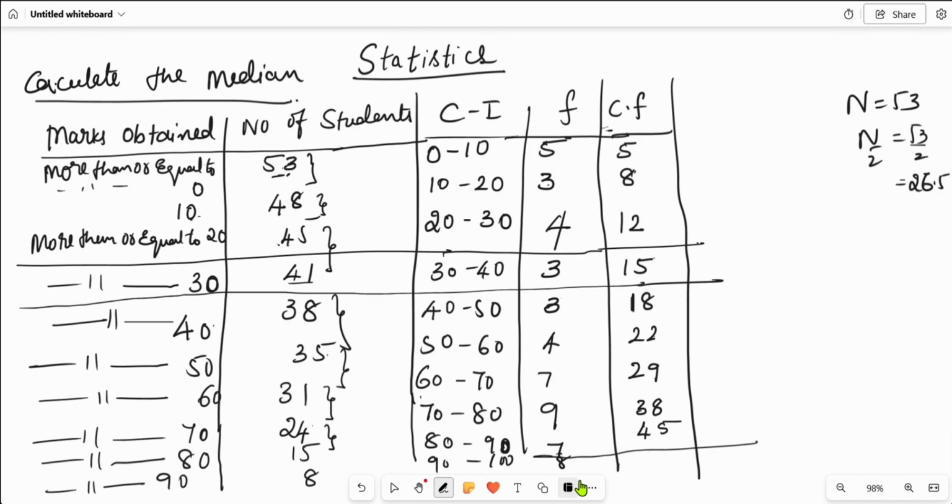And 45 plus 8, 53. Okay, so n by 2 is 26.5.